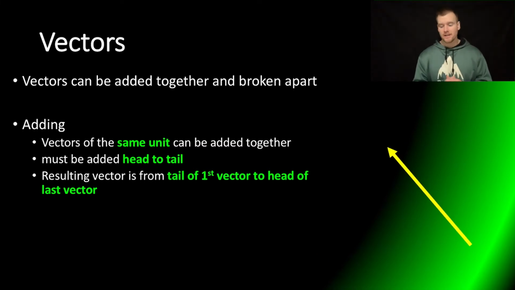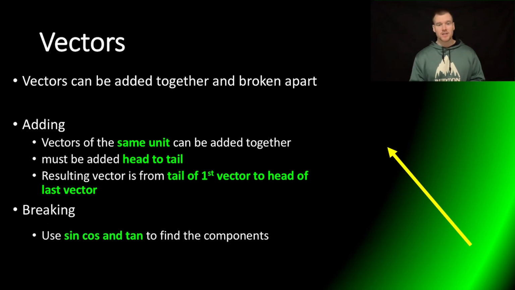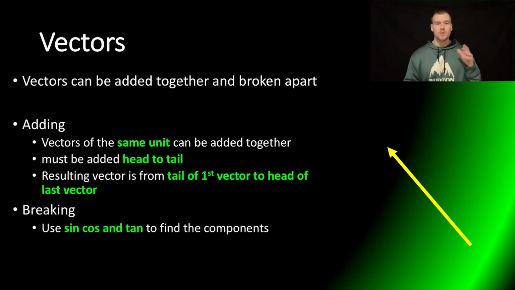Now let's take a look at breaking vectors. This is when you have a vector that is at an angle. We looked at describing angles last lesson. If you need a reminder on how to describe them, take a look at that previous video. Now we're going to break it into its x and y components using sine, cosine, and tan, using the trigonometry from the last lesson to know which trig ratio to use.